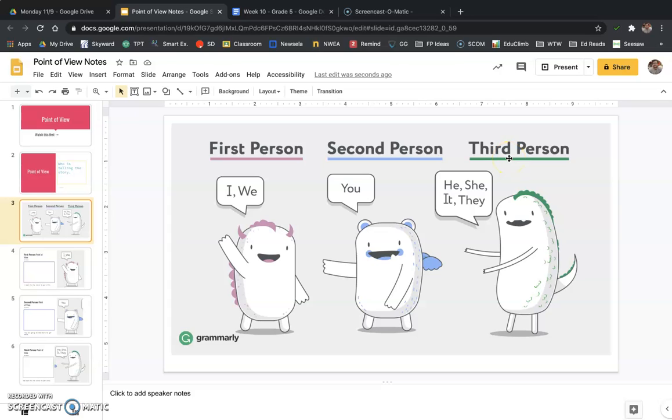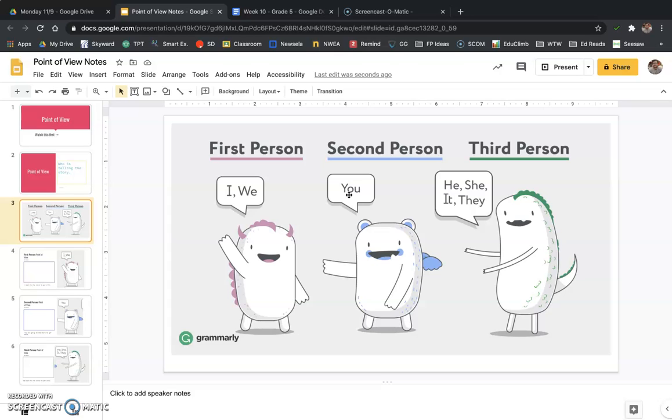First person means that the main character in a story, this guy here in the purple, is the narrator. So he's saying, I am going to go to the movies. We are going to go see Spider-Man. The narrator of the story is also inside of the story. Second person is a little trickier.